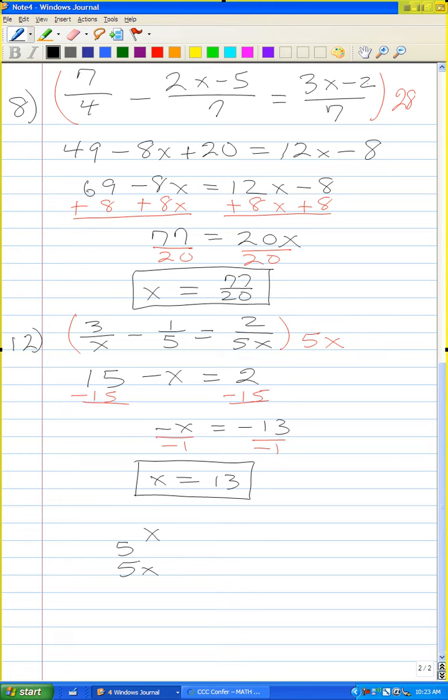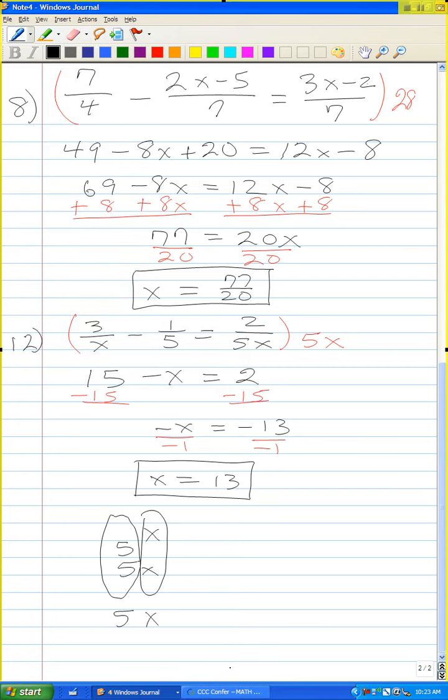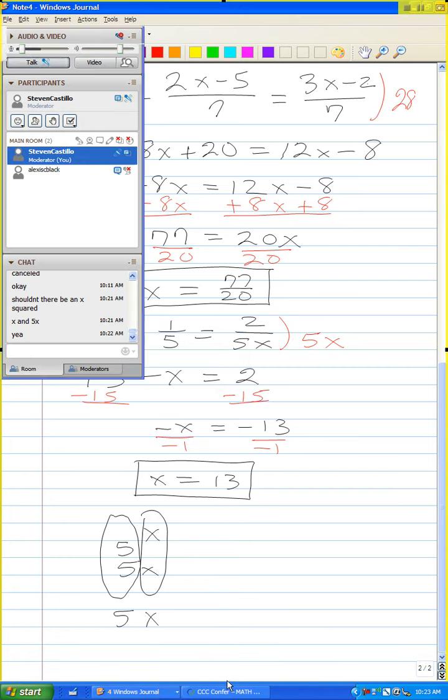To find the least common denominator, you'd say, well, what's the lowest power in this list of 5s? Well, 5. In this list of x's, x. And so the least common denominator in this case is 5x. Is that clear? Yeah. Okay.